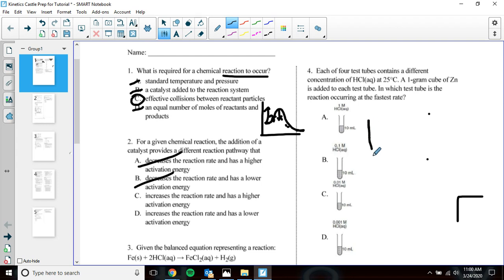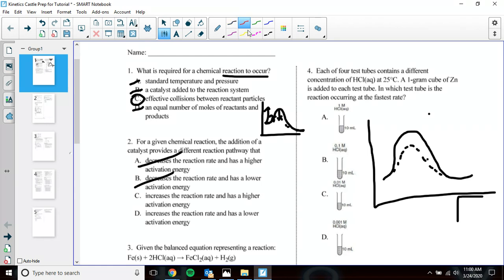I'm going to make that bigger just so we're good because this is an important concept, so I'm going to take the time. Okay, so now if I draw the dotted lines like this, and this being the dotted line of the new activated complex, I would go from this as the activation energy to now this.